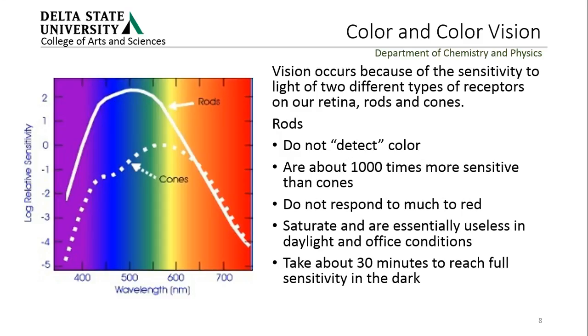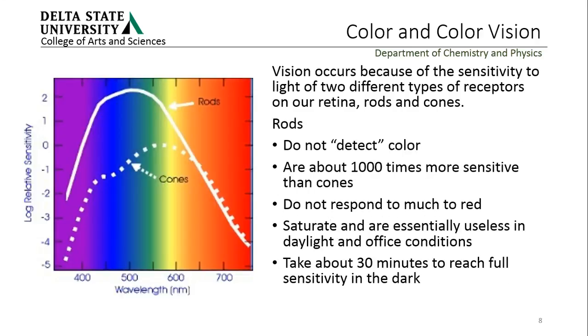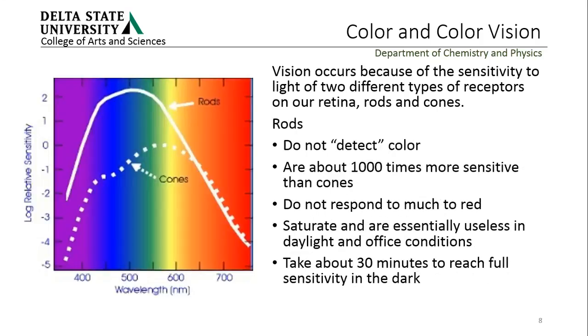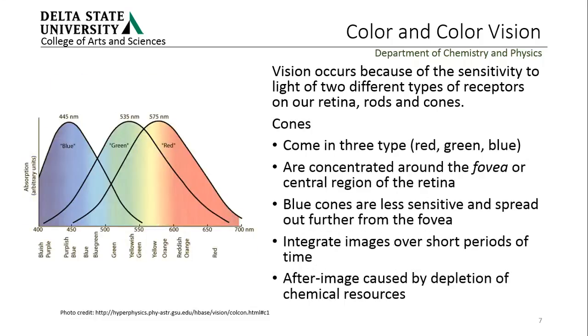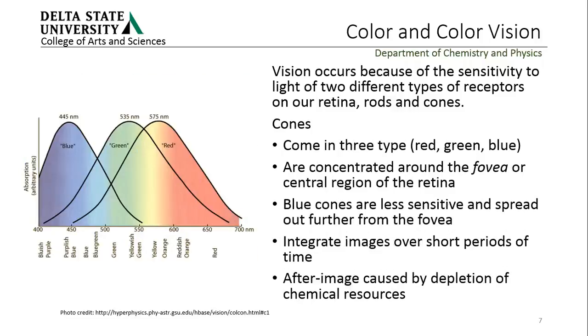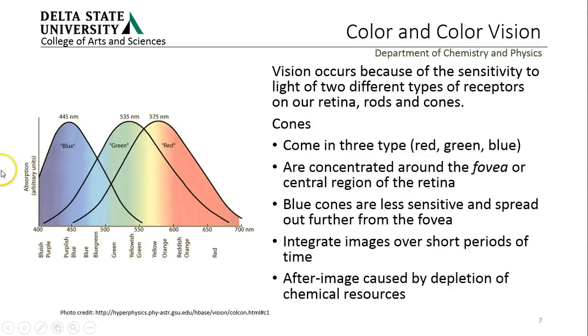So we have these two different types of detectors in our eye, and these two different types of detectors let us see either color or simply intensity, and they help us span from daylight to nighttime. The other thing you'll notice in these diagrams is there's a hard cutoff, right?